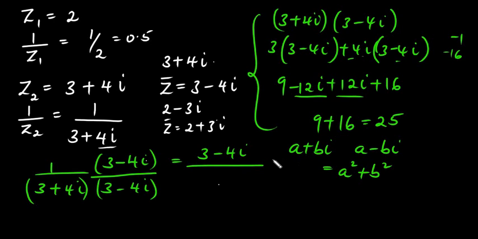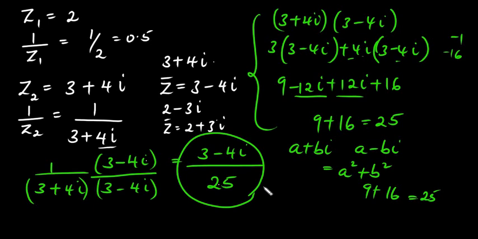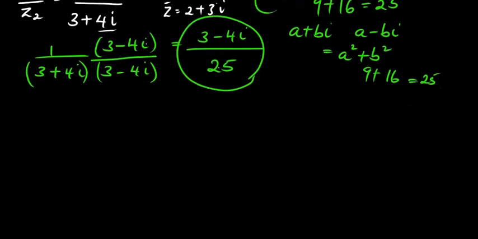Here a squared is 3 squared, which is 9, and b squared is negative 4 squared, which is 16, so that will be 25. So whenever we have an imaginary number on the denominator, we don't leave it that way. We have to rationalize the denominator so that we can eliminate that imaginary number.